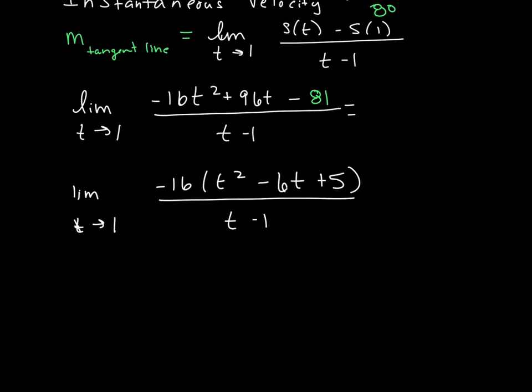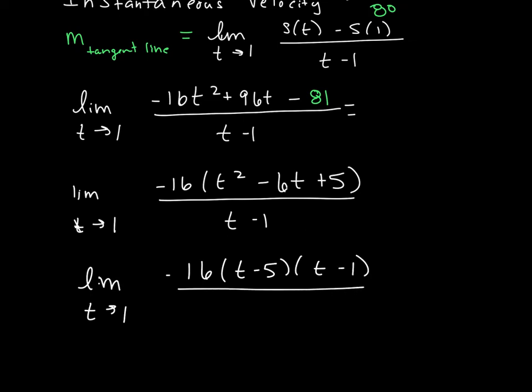I still can't use direct substitution. That will give me a 0 in the denominator. So now I do the limit of negative 16. I go ahead and factor what I have, and I'm left with t minus 5 times t minus 1 all over t minus 1.